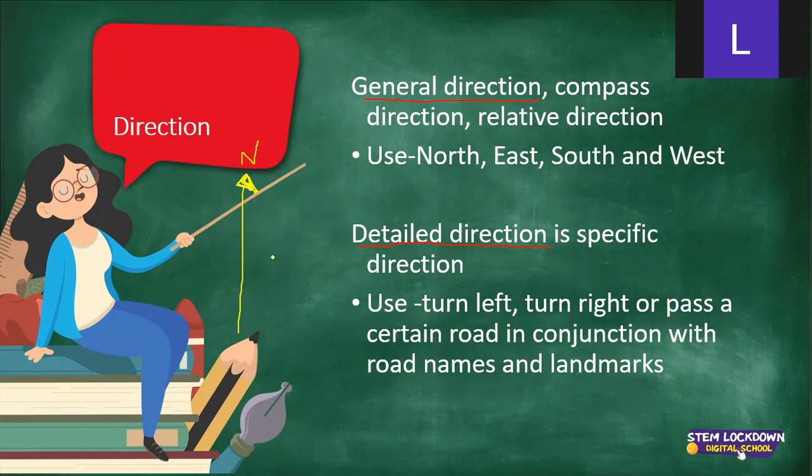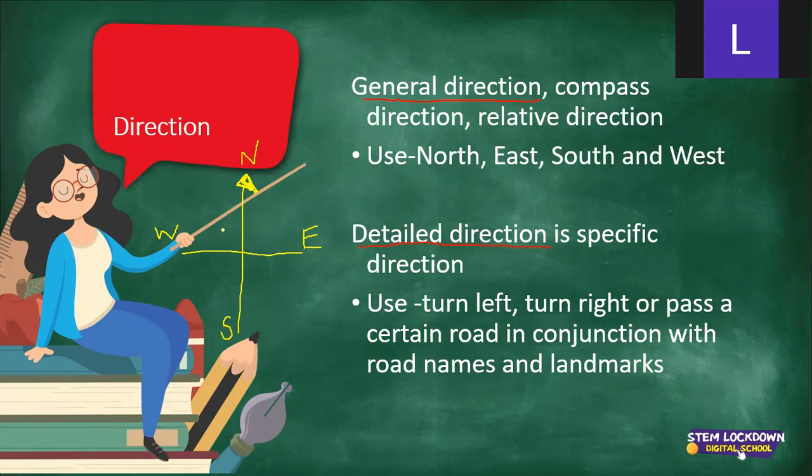Obviously on the right side it is east, and then it is west. So a compass is something like this. W on the left and E on the right, and then S for south. So this will be your south.